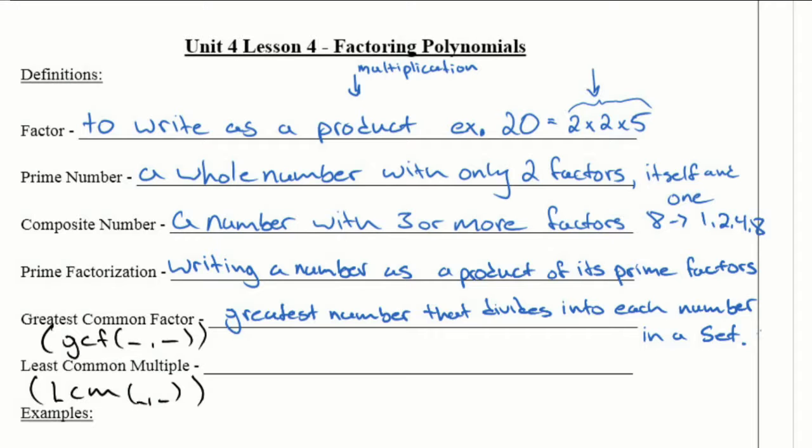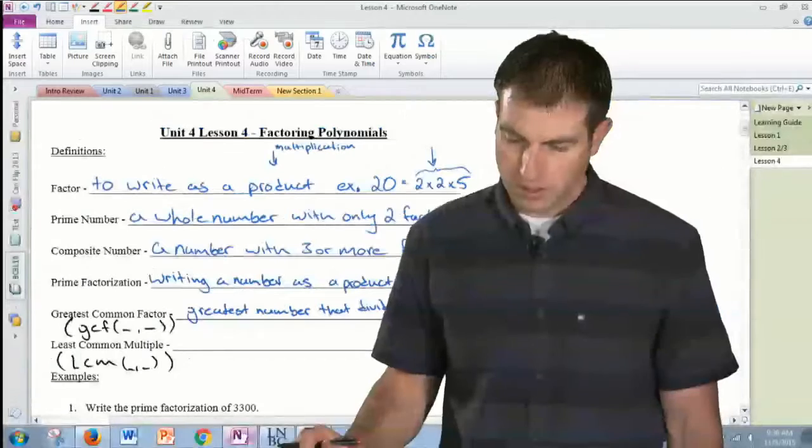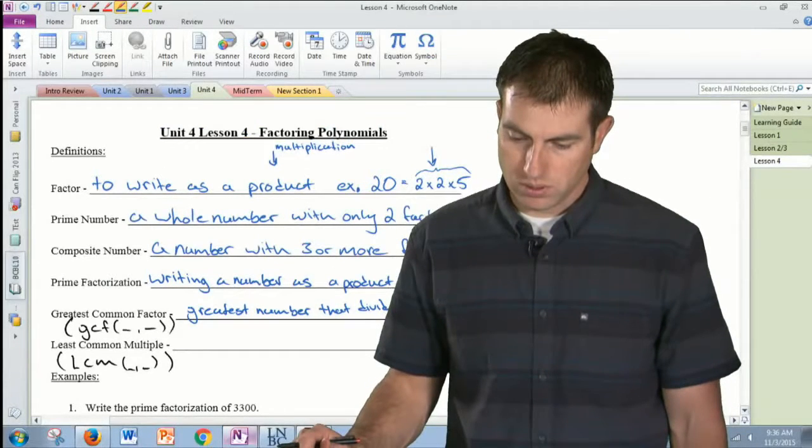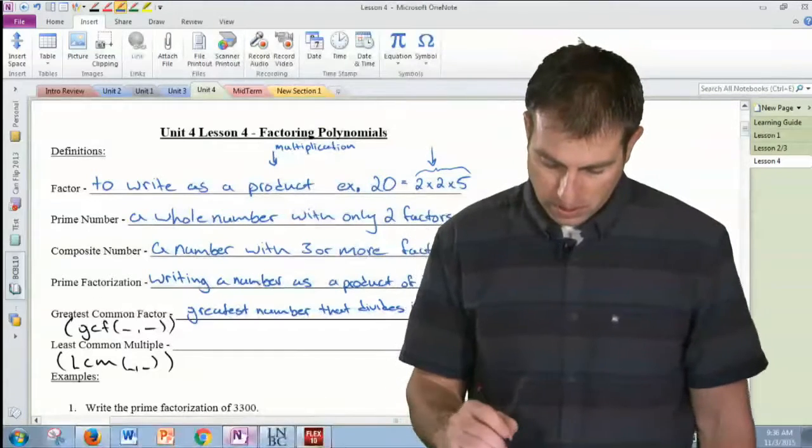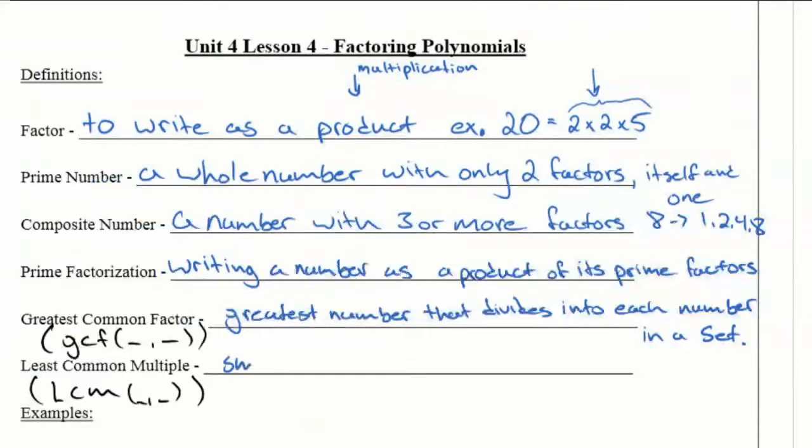And while we're here, the least common multiple. Wow, just reading my definition, it doesn't really make sense. The least common multiple is the least multiple that is the same for two numbers.